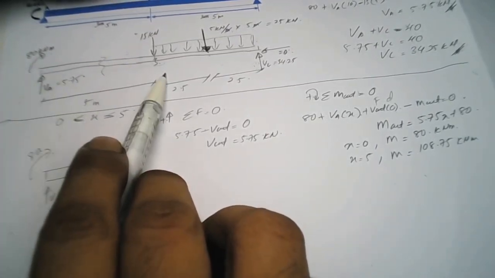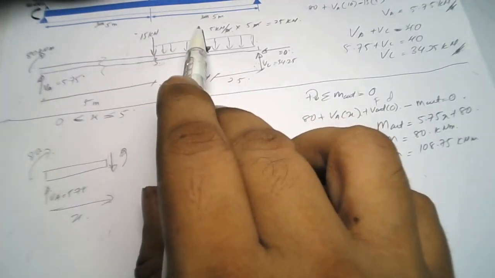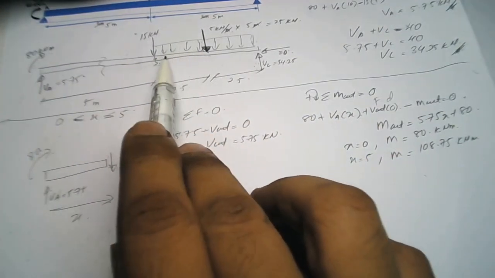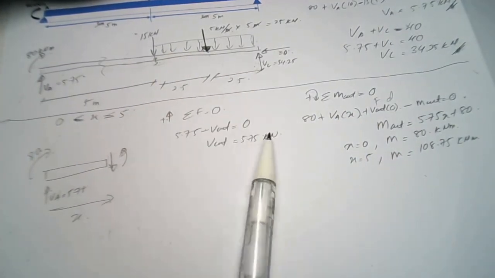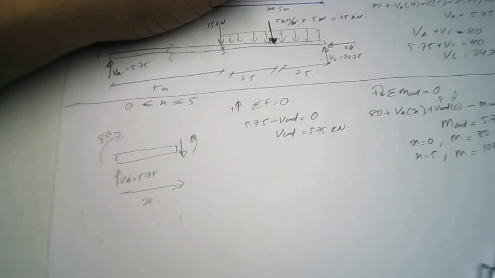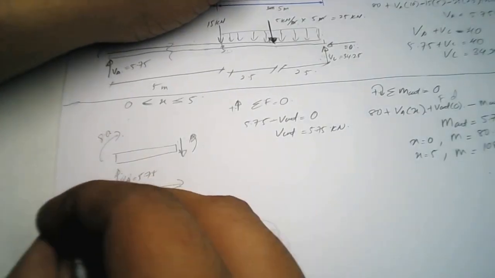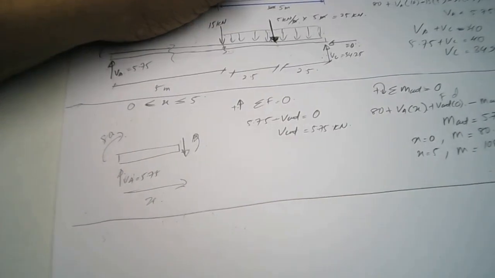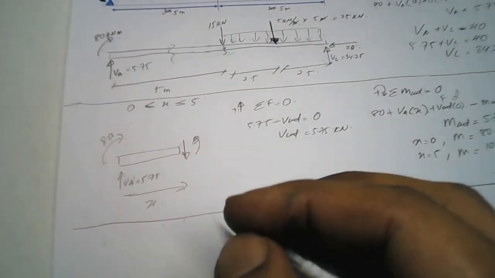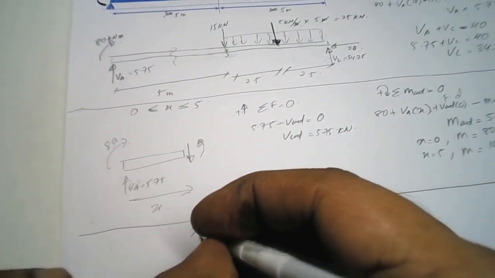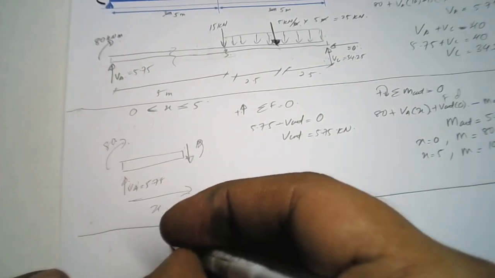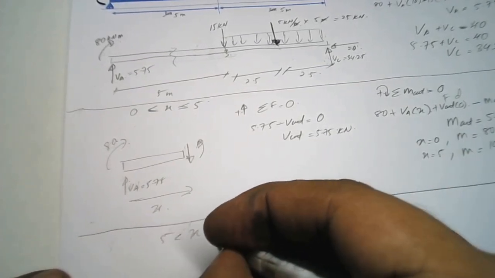All right, then we have to do the imaginary cut at this section from 5 to 10. For the second cut here, the x value is from 5 to 10.